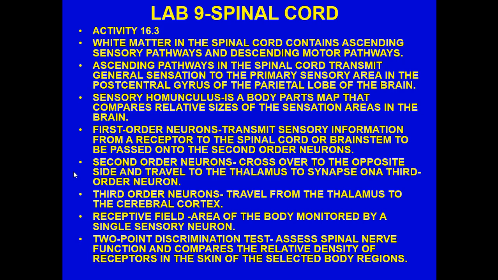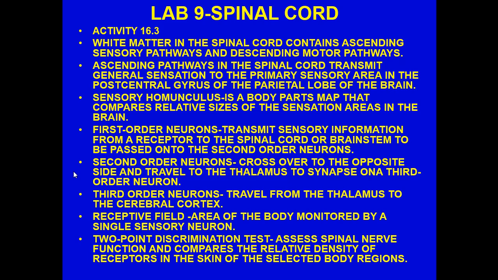So in this particular area of the primary sensory cortex in the postcentral gyrus, you can map out that there's going to be lots of neurons that are processing this information from hands and parts of the face, and not as much from legs or elbows or upper arms or chest.